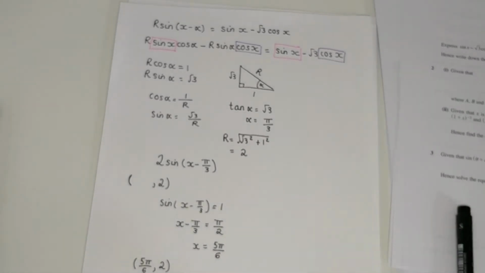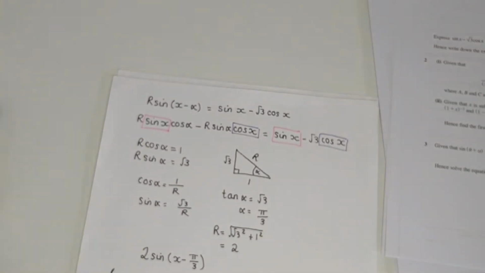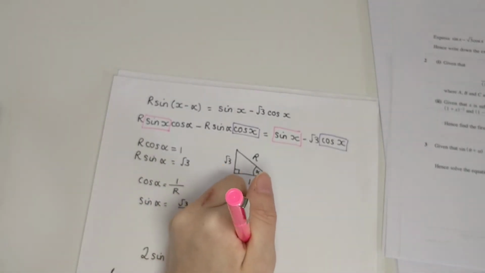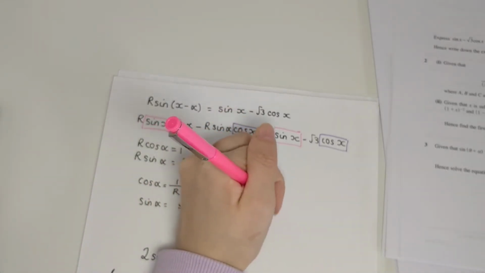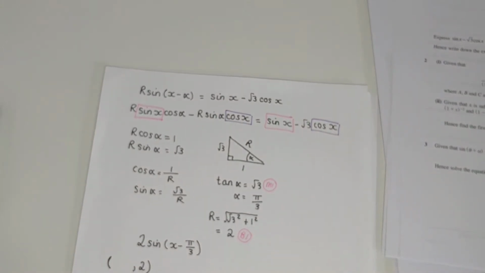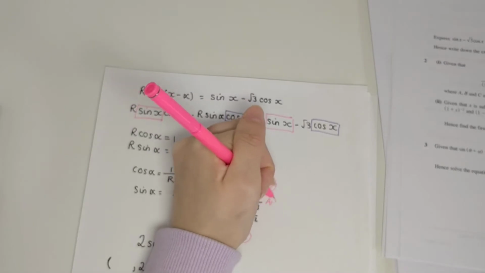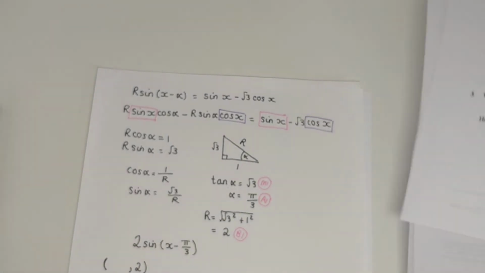Checking the mark scheme. Okay, so we're going to get B1 for finding r equals 2. You're going to get M1 for the tan line here, A1 for pi over 3. It does allow degrees, interestingly. It really shouldn't, because it does tell you alpha is between 0 and pi over 2.